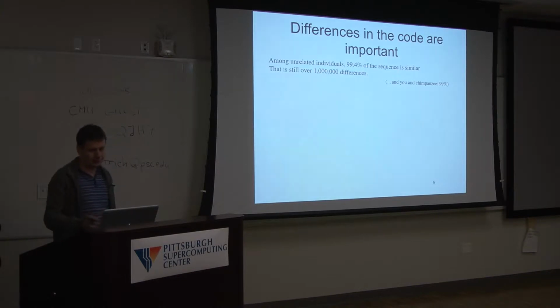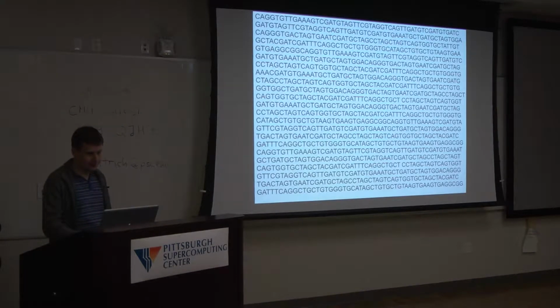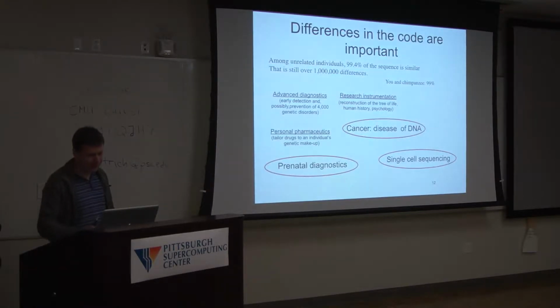Just to illustrate how that would work, here's, for example, my code, and this is Chris's. See? There's a little letter over there. That's about it. So not so much, but still a lot.